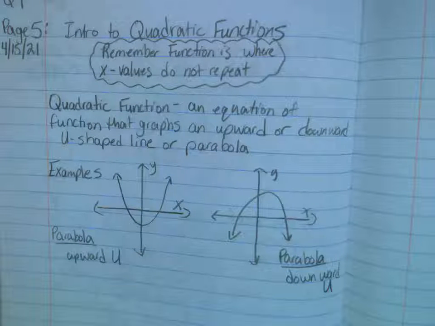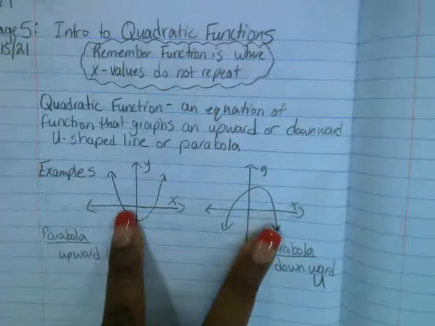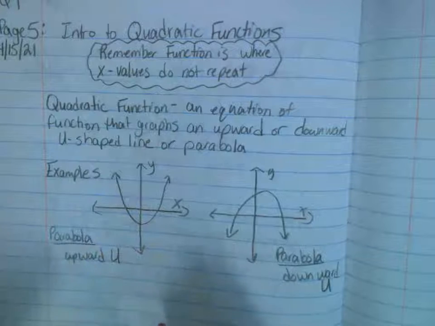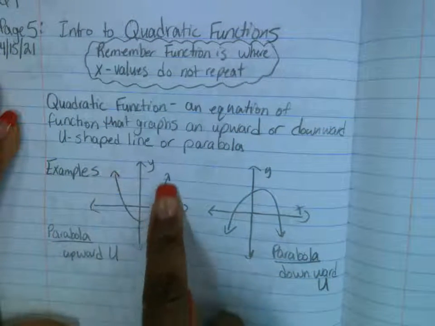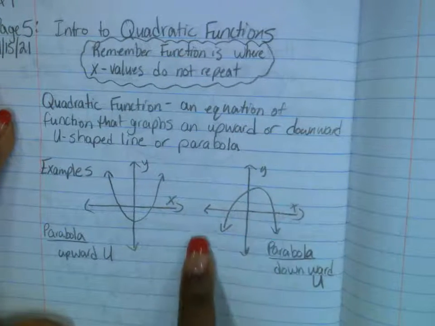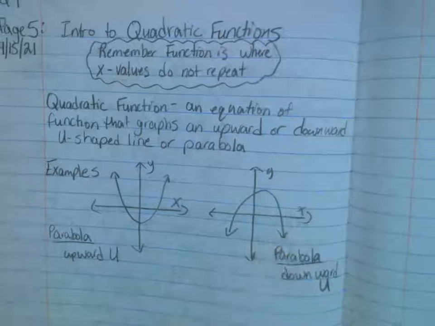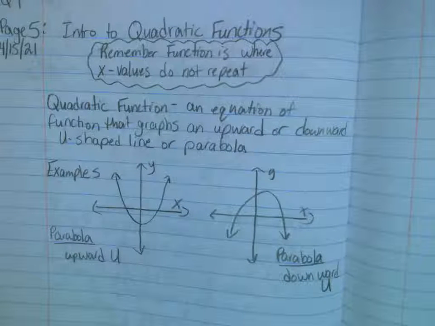These are quadratic functions. They are equations that graph lines that either have an upward U, or upward parabola, or a downward U, or a downward parabola. U-shaped lines are called parabolas.